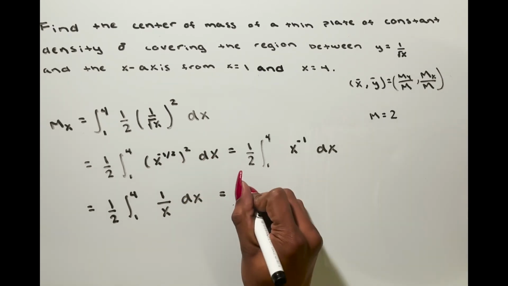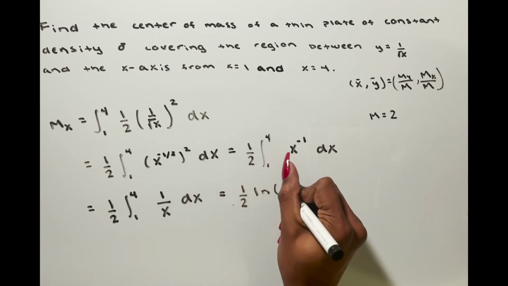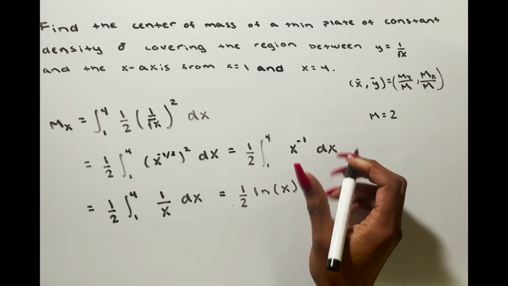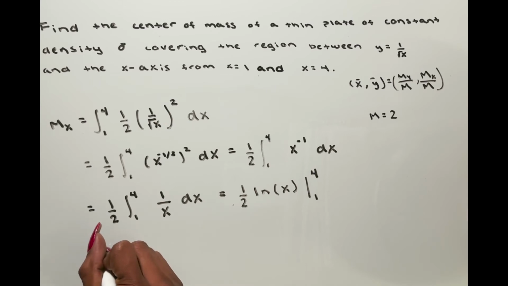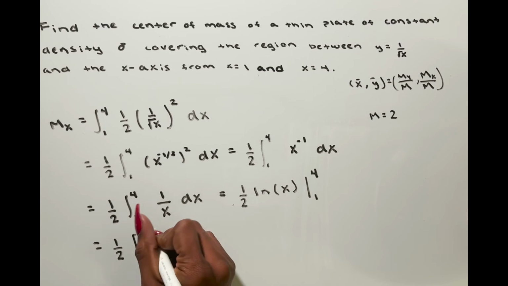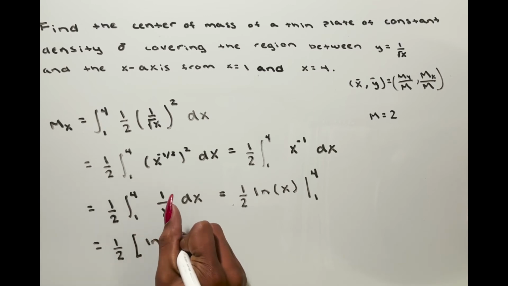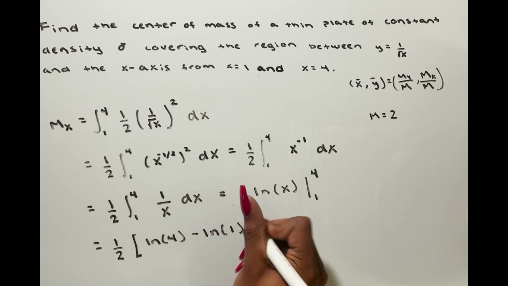This leaves us with a half ln of x from 1 to 4. Plugging in our bounds, we get a half times ln of 4 minus ln of 1.